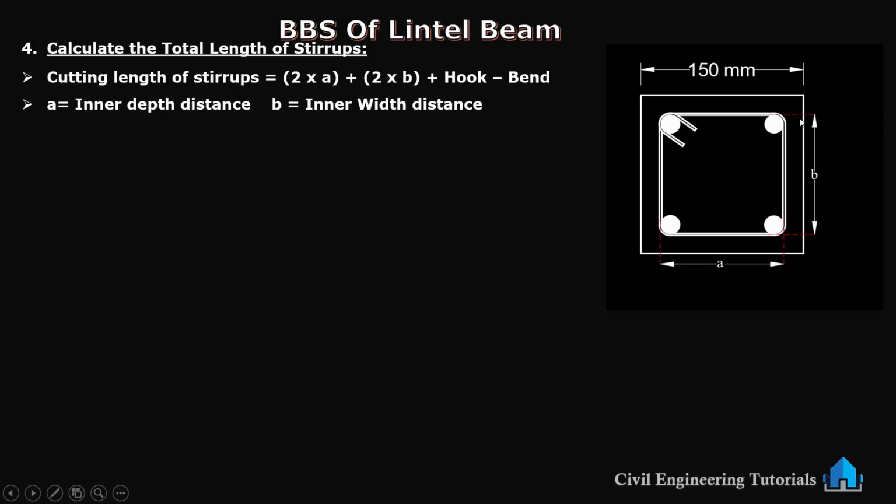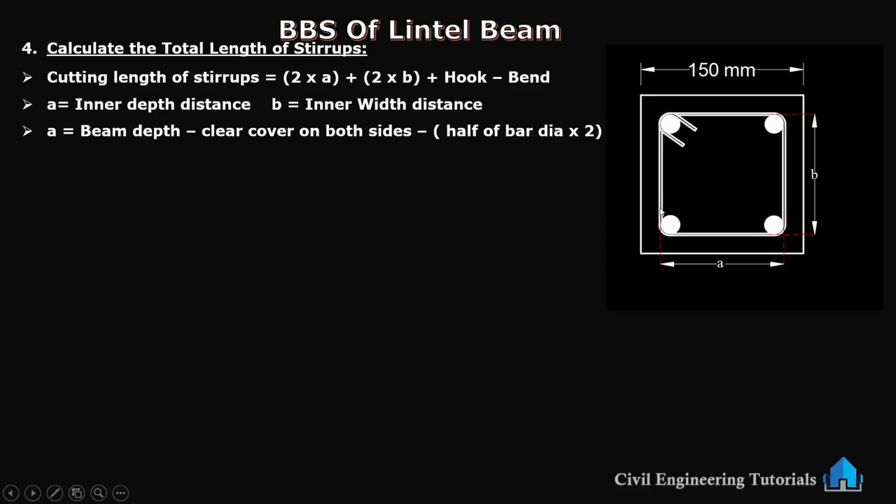This is 150 by 150. So A is equal to beam depth, which is 150 mm, minus clear cover on both sides, this side clear cover and this side clear cover, minus half of stirrup dia into 2, for both sides.